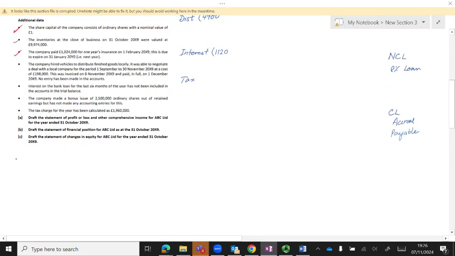So insurance, working number 1. Notice that the insurance was paid on 1st of February 2009 and is due to expire on 31st of January 2010. In the question, the year end is 31st of October 2009.